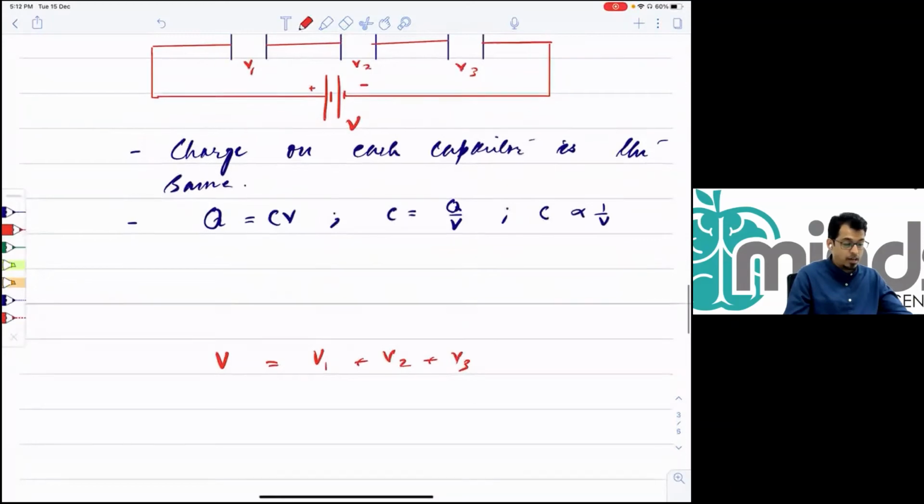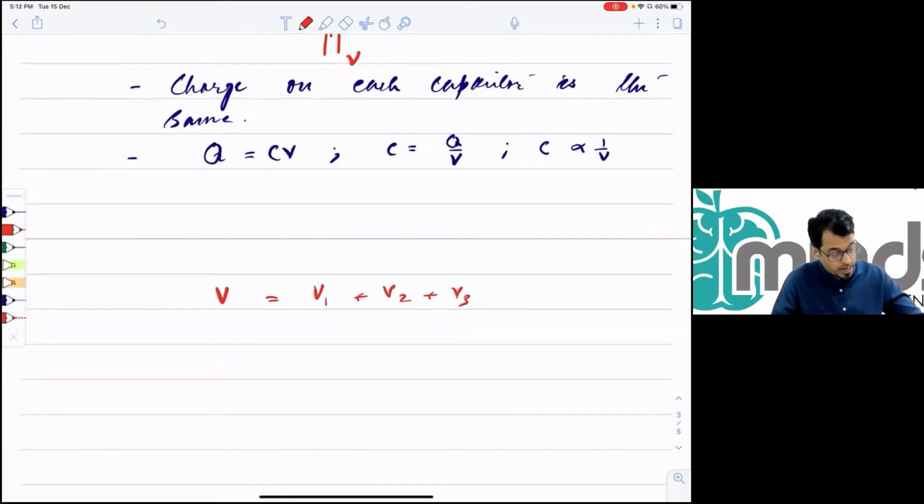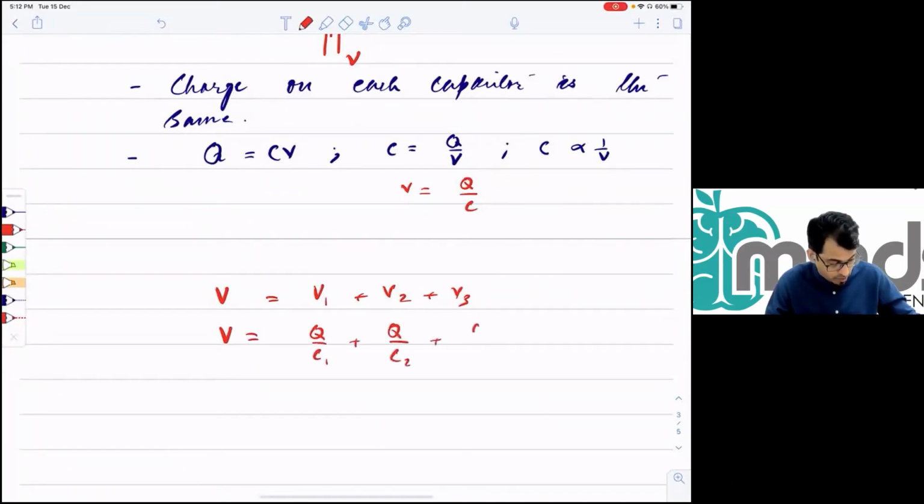If I start putting the values of V, you can say, sir, V is actually equal to Q over C. So V1 is Q over C1, V2 is Q over C2, and V3 is Q over C3. Are we getting it? Because Q will remain same for all.